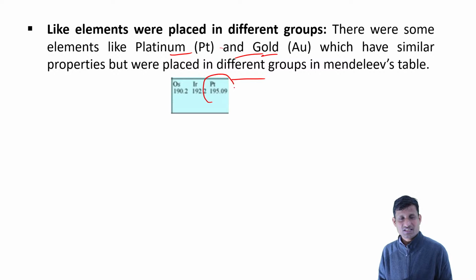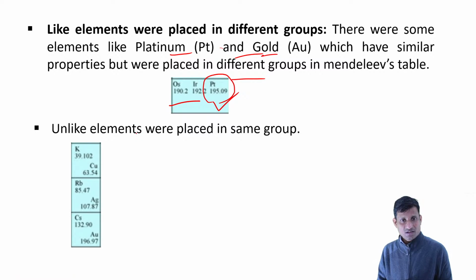If you remember, platinum is present in group 8, which contains three elements, and gold was placed in the alkali group, group 1B.